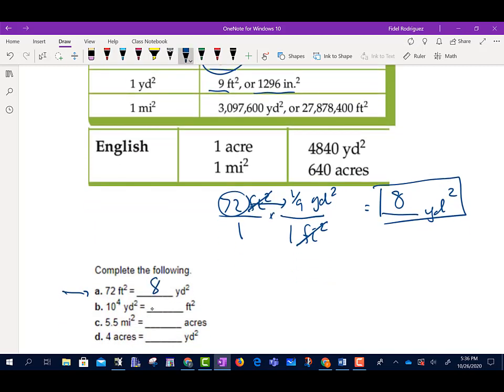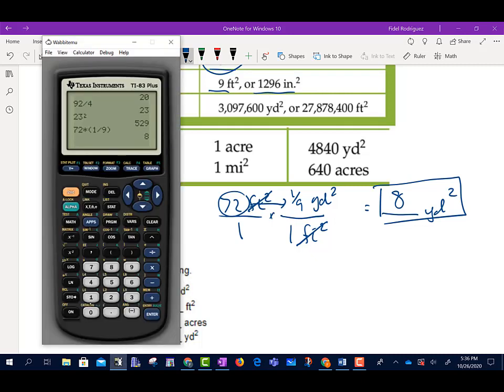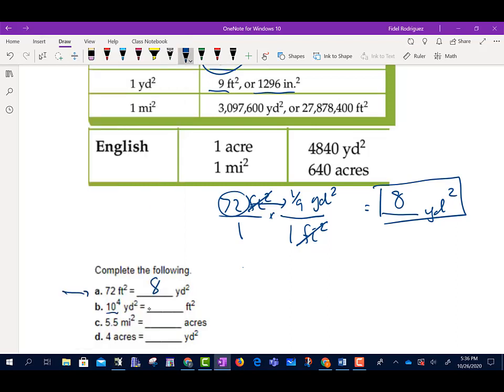All right, now let's take a look at part B. It says 10 to the 4th yard squared, and we want to convert that into feet squared. Okay, so 10 to the 4th, just so you get an idea, 10, raise it, this little up arrow right above my division sign, to the 4th should give me 10,000. Okay, so let's write it out like this. 10,000 yards squared, and we're going to convert that into feet squared.